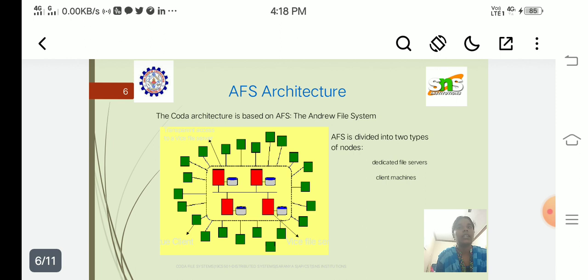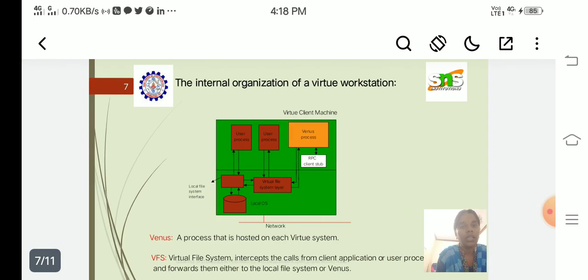The client machine has an area called the cache of the file system, which stores data temporarily. In the internal organization of the virtual workstation there are two kinds: one is Venus, another one is the virtual file system.